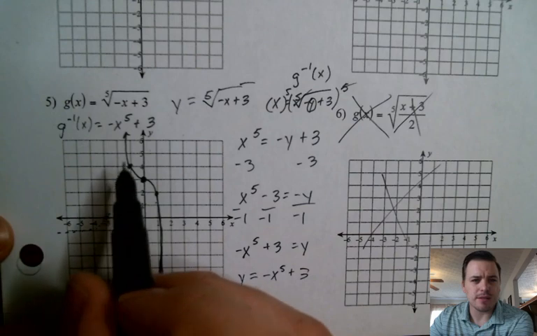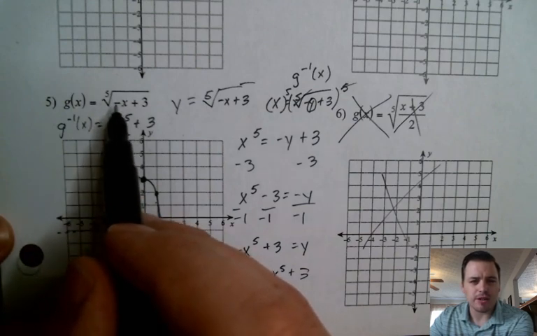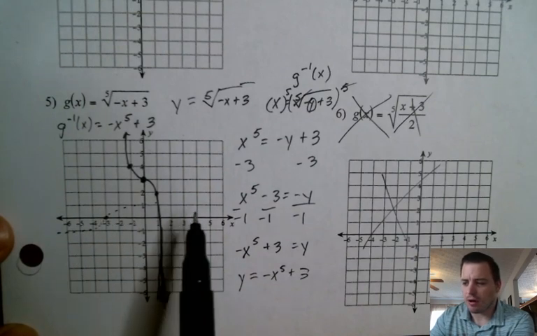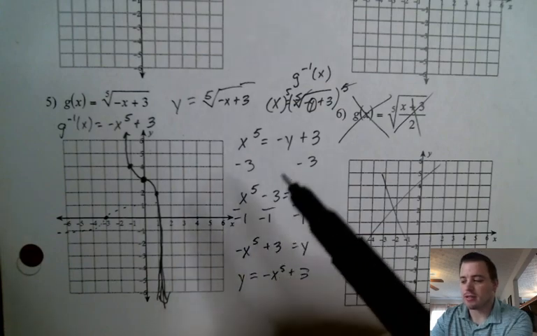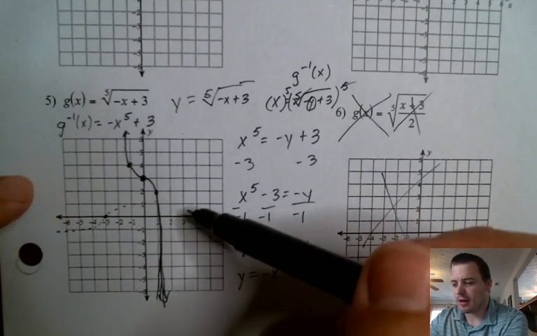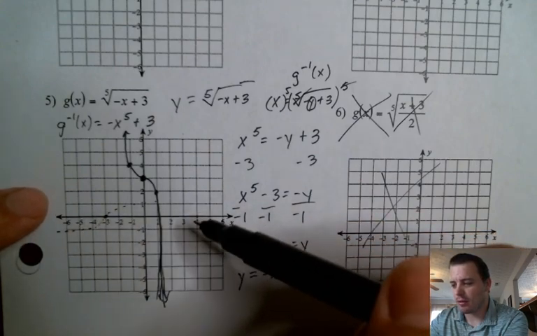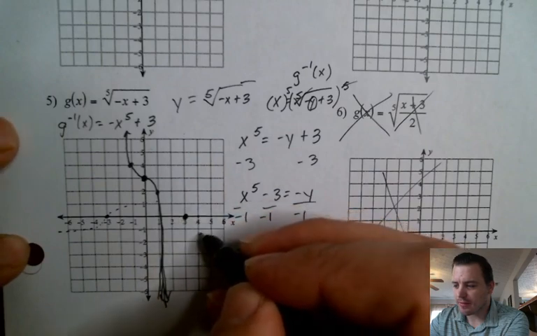But because this is a negative right here, we flip it across, and then it's going the other way. So your graph should look like this right here.